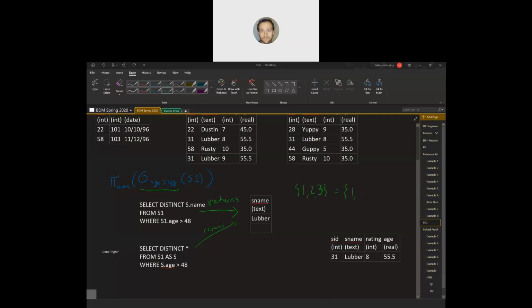Why isn't this writing 1, 1, 2, 3? These are identical sets. This one here is redundant. So this one on the left, is that the first one or the second one? Doesn't matter. They're the same.